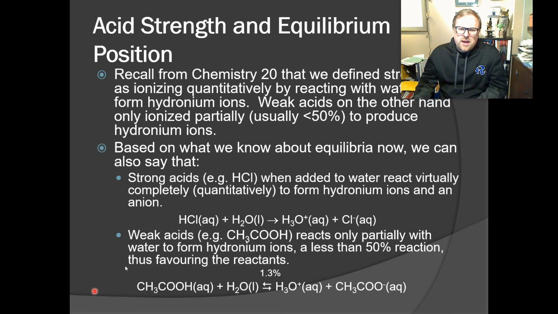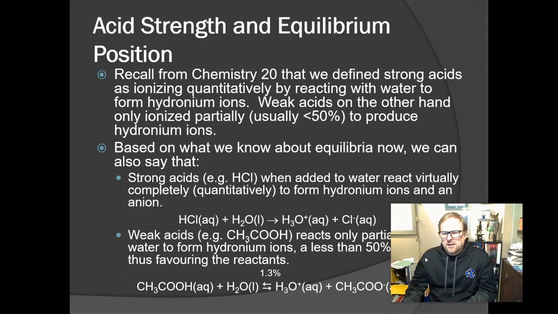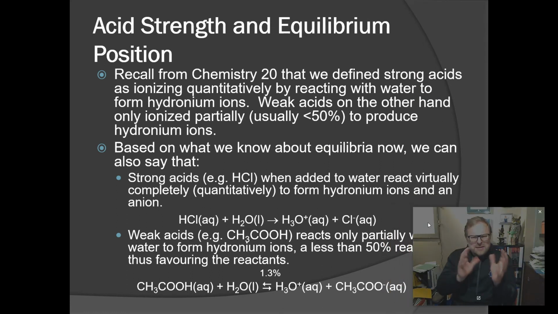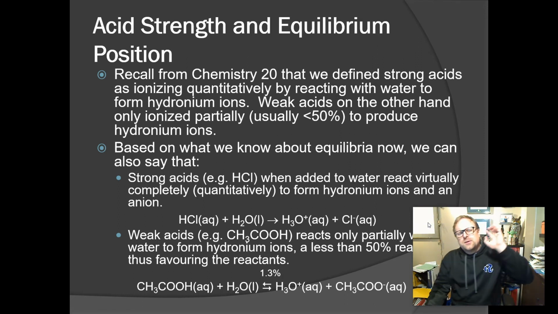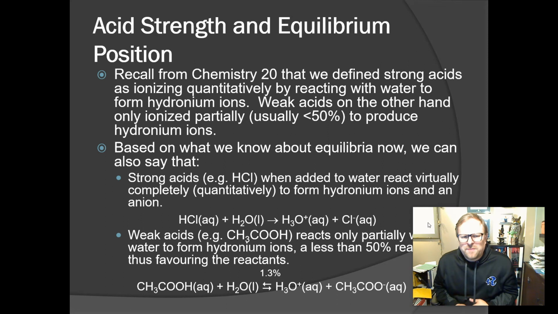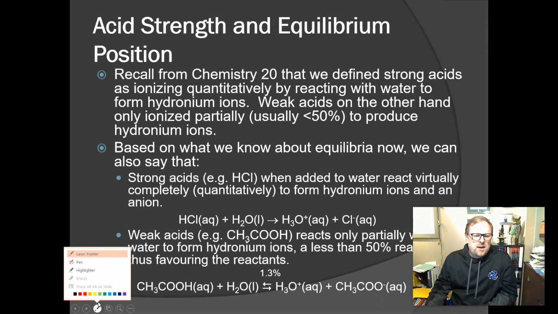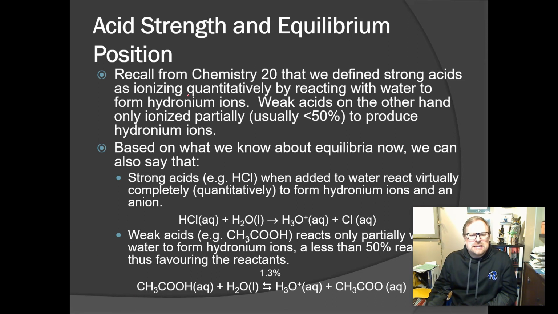So next thing then. Just to recall that, we're going back to that. So for Chem 20, we define, we're getting into the acids and bases and talking about strength, and now we're bringing in the equilibrium stuff to this, okay? So recall from Chem 20 that we define strong acids as ionizing quantitatively. We also use the word completely when we talked about that.